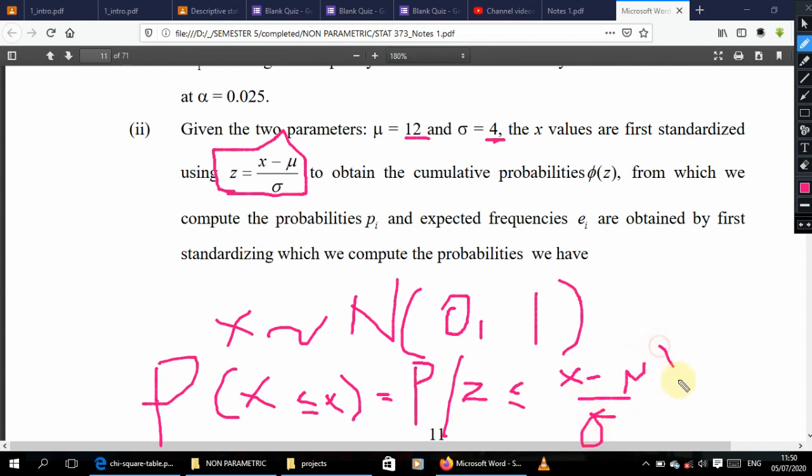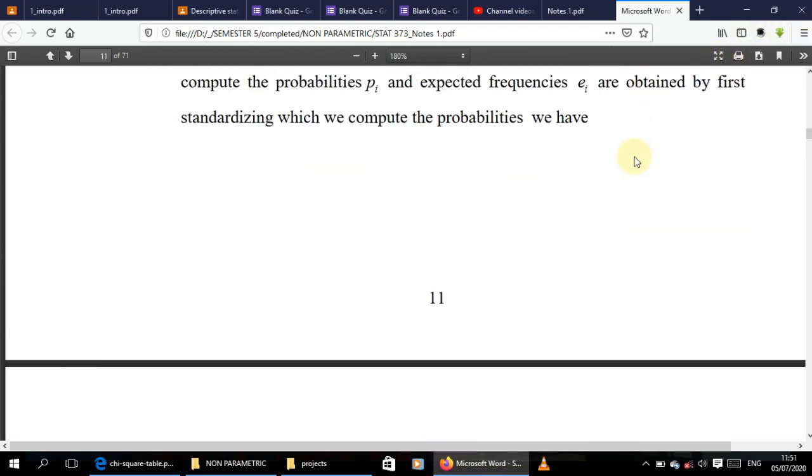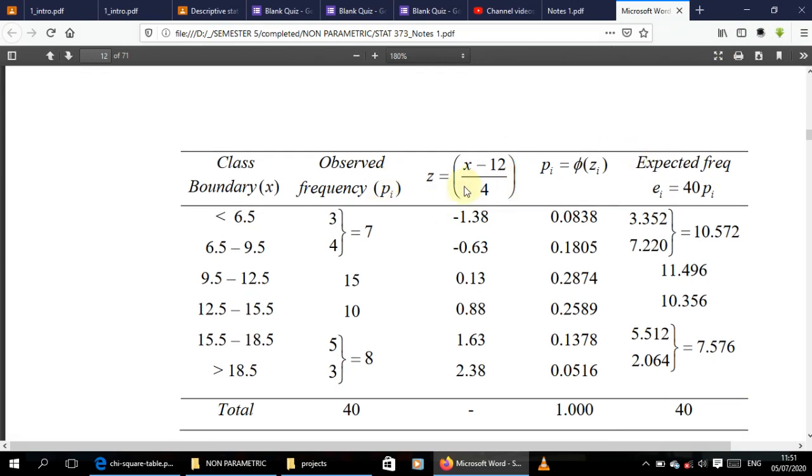So if you have this probability, then you are going to transform it to this. So that x value will be here minus the mu, which is 12, over the standard deviation, which is 4, and you can read this on the standard normal table. So that is what we have done here. So here he did a standardization.